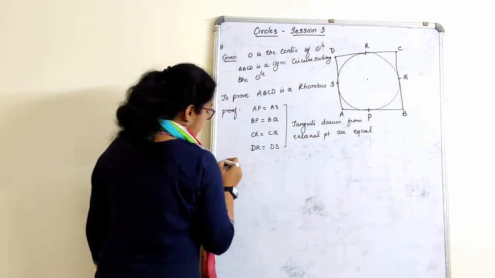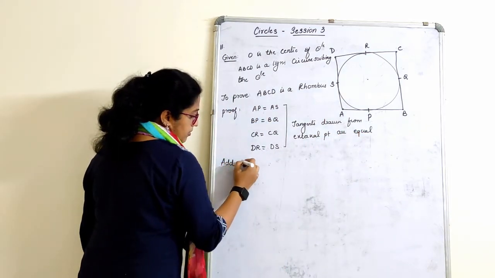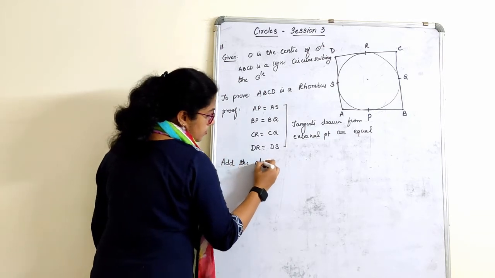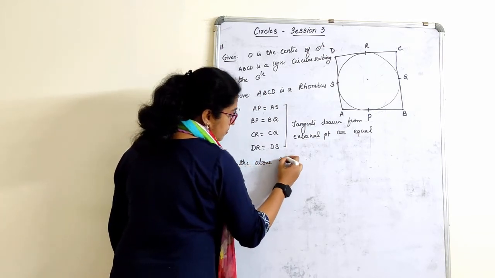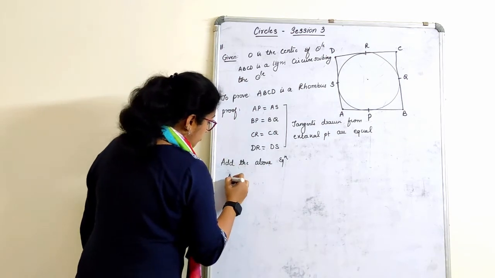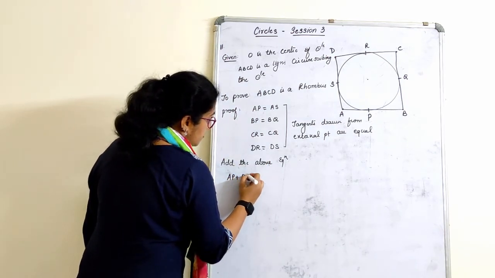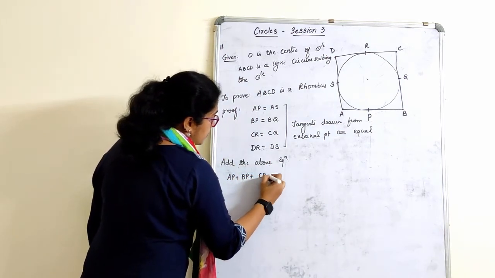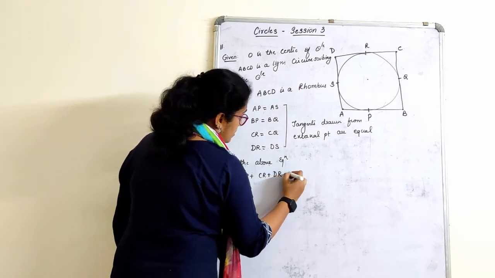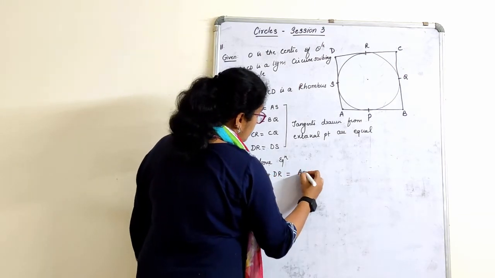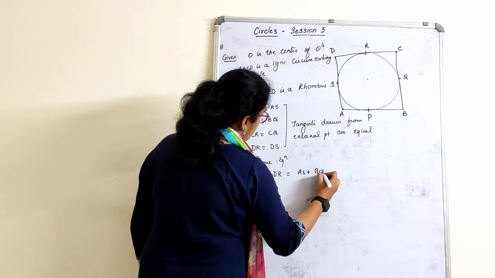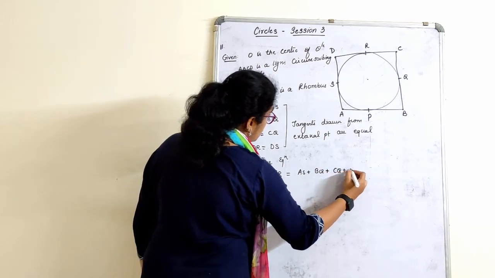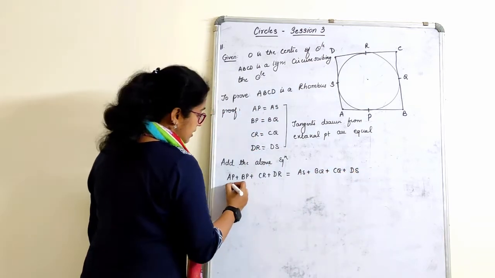Okay, add the above equations. So AP plus BP plus CR plus DR is equal to AS plus BQ plus CQ plus DS.